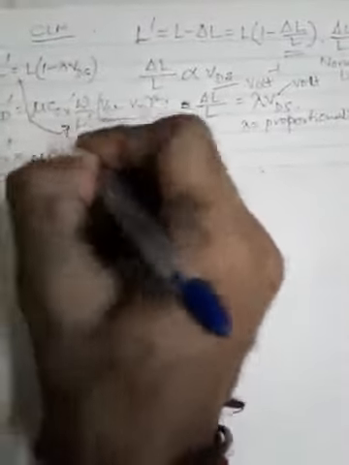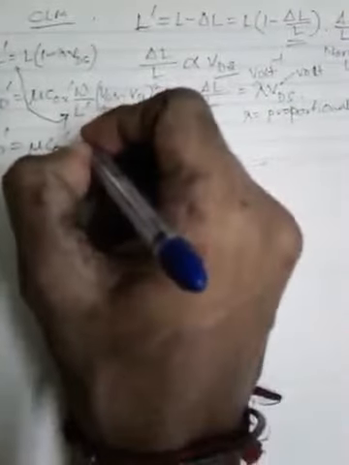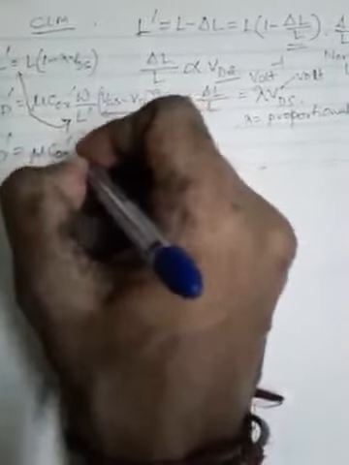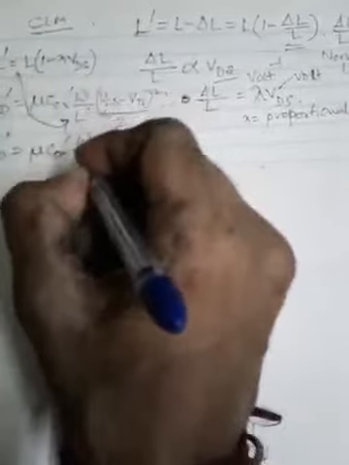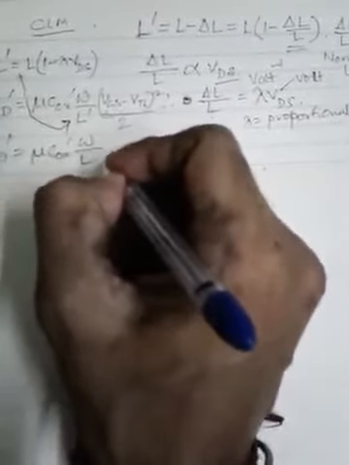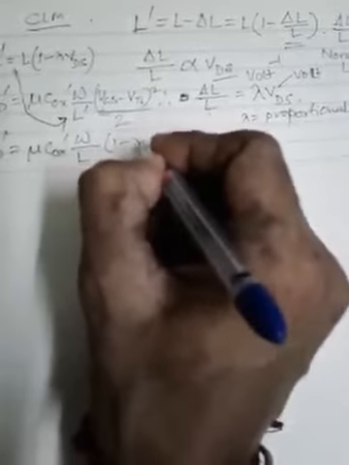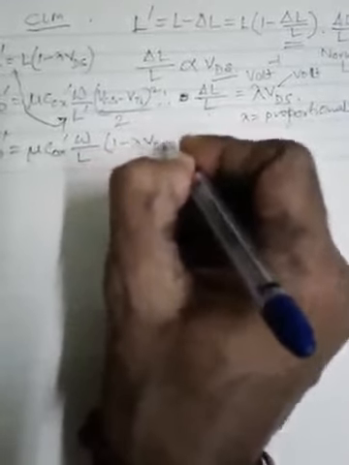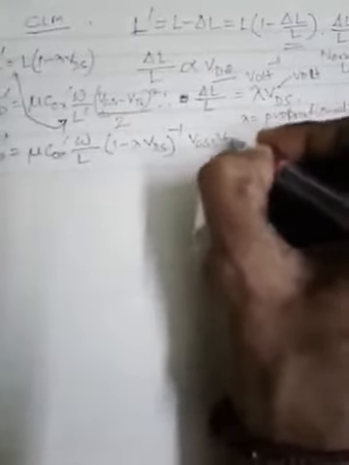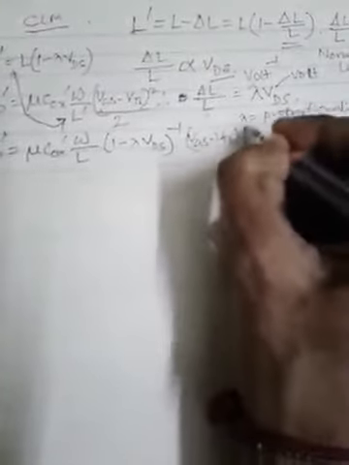So my ID prime will be mu COX prime W by L into, in the denominator, 1 minus lambda VDS to the power minus 1, into VGS minus VTH whole square divided by 2.